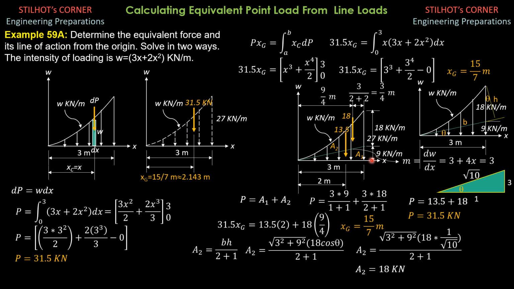Therefore, the opposite side is 3 times the slope, which is 3. Therefore, it is 9 kilonewton per meter. Again, it is opposite over adjacent 3, so the opposite is 3 times 3. Slope times this distance. And that's always true.